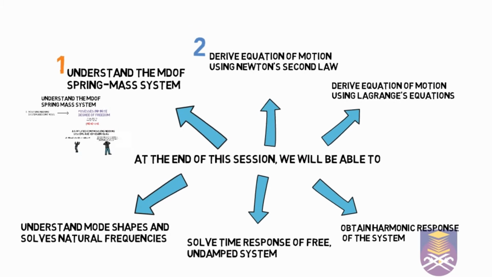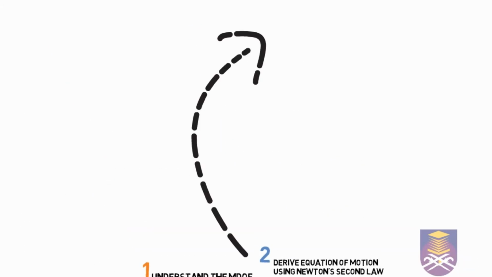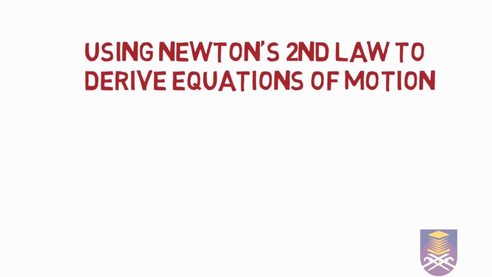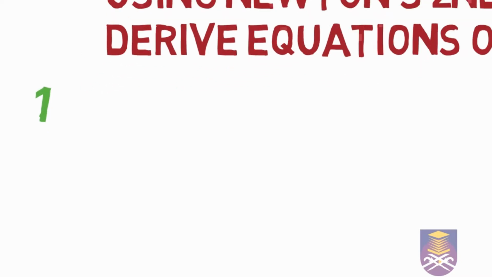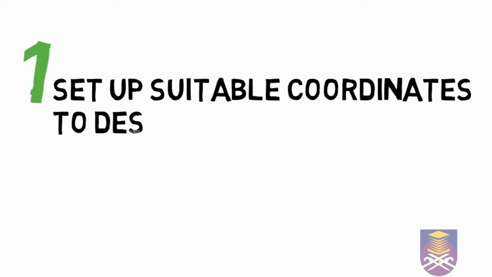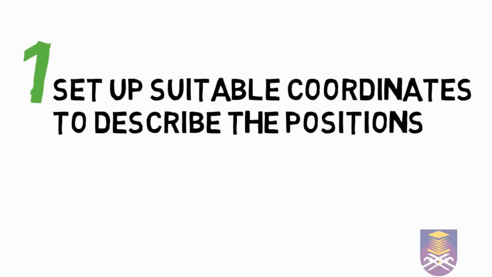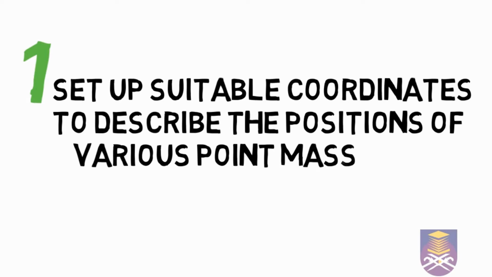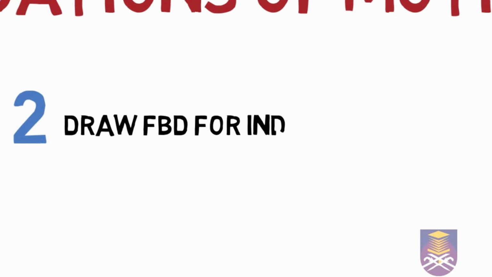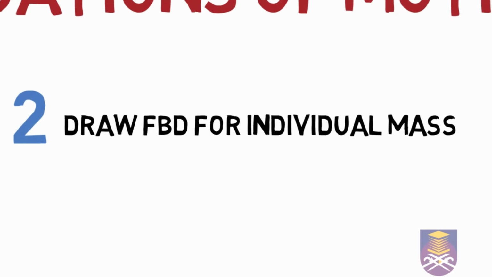Okay, we go to number 2. By using Newton's second law to derive equations of motion. First, we must set up suitable coordinates to describe the positions of various point masses. Second, draw the FBD for each individual mass.